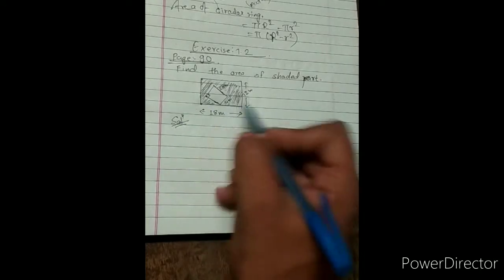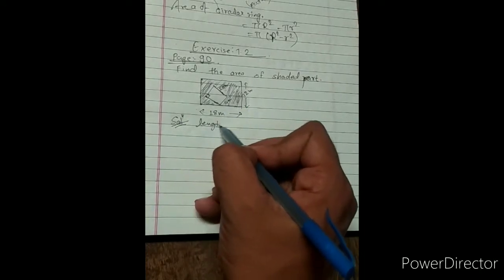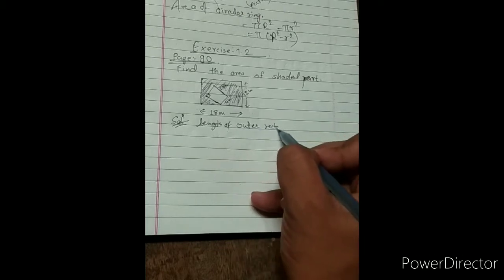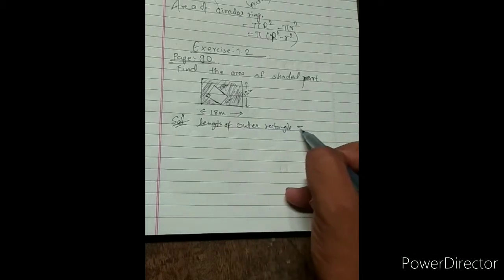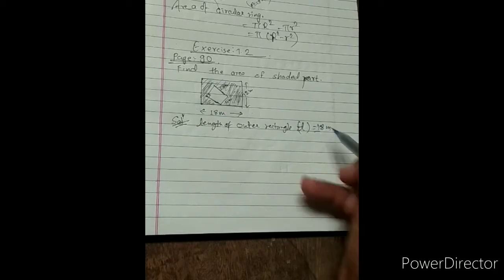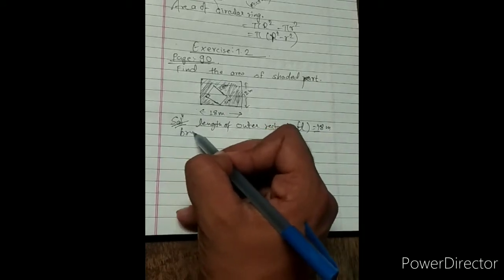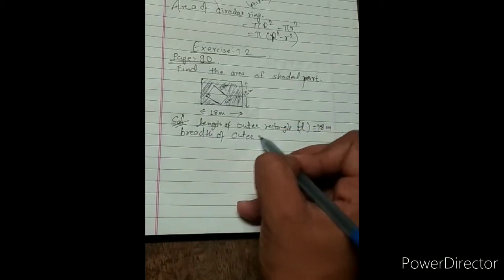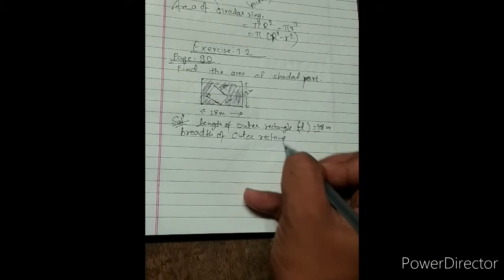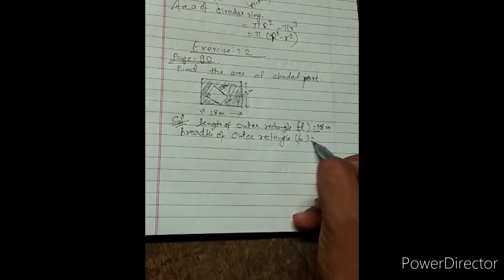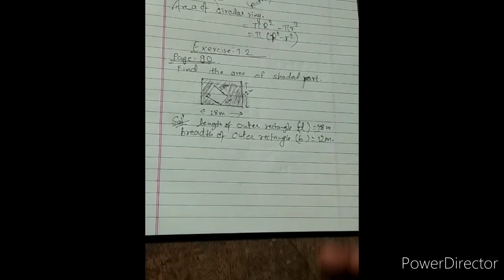Length of the outer rectangle is 18 meter and breadth of the outer rectangle, this is breadth, which is 12 meter.